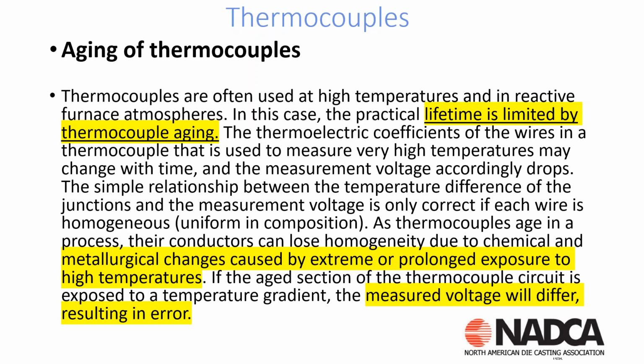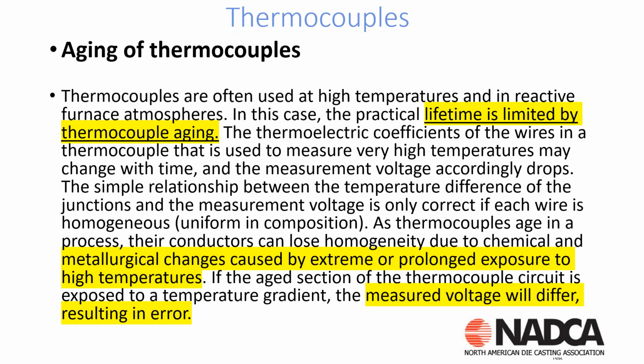So we start to see metallurgical changes in those due to prolonged exposure to those high temperatures. Once we start to see that, then our measured voltage is going to differ from the actual voltage.